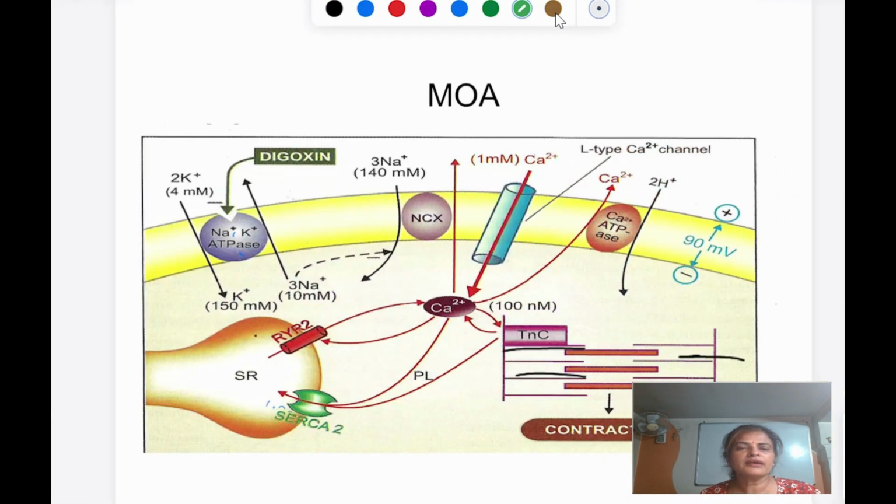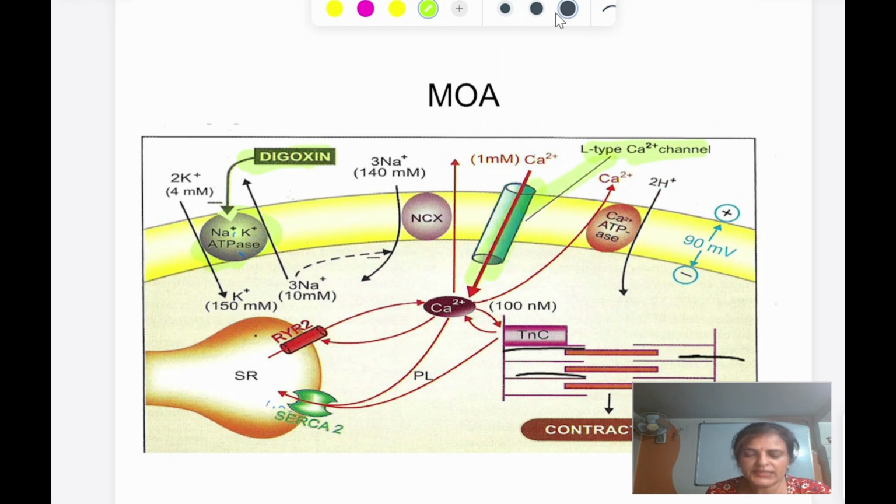So you can see another illustration from the tripartite. Here it is very clearly shown. Digoxin is going to bind with the sodium potassium ATPase and inhibit it. Then what will happen after inhibiting this? Calcium enters through the L type calcium channel.